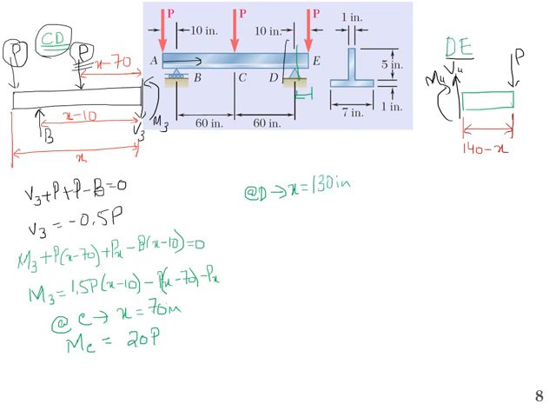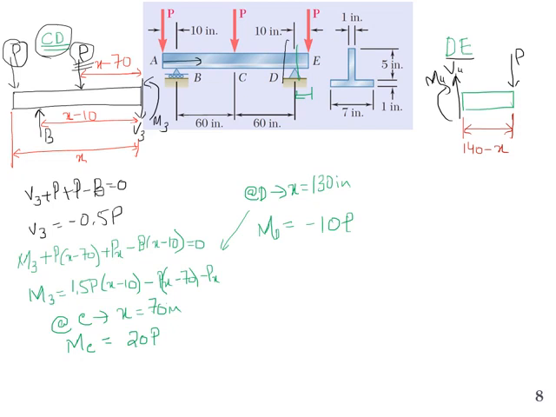If you put x equal to 130 in this expression, the value of MD will simply be minus 10 times P. Now the variation is linear.